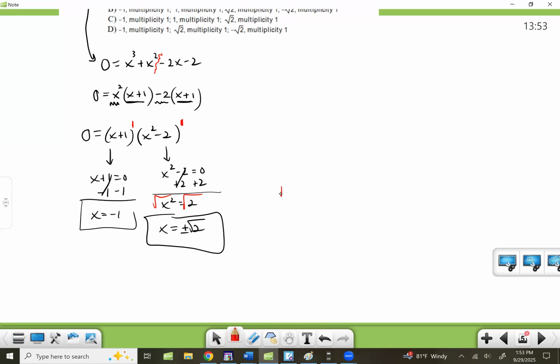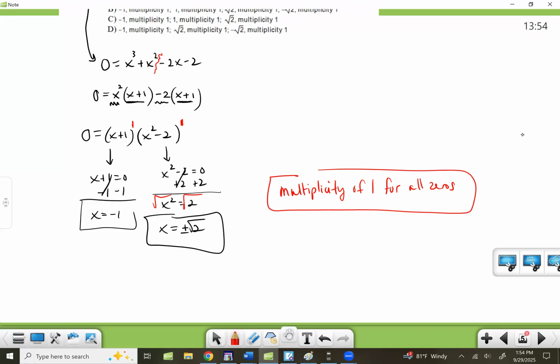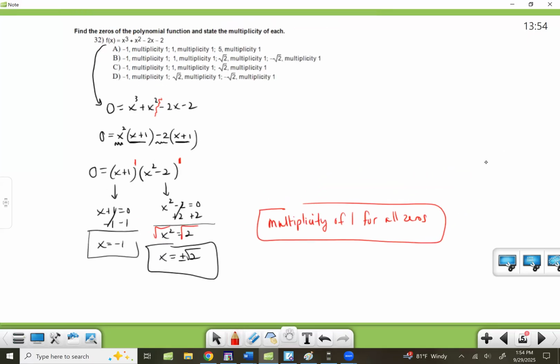Plus, if you think about it, you couldn't possibly have a higher multiplicity because if each one counts once, you've already got your 3. Remember, you can't go beyond the highest exponent. So multiplicity of 1 for all zeros. Okay, so I think we answered everything it asked for on this. All right. Let's check out number 33.